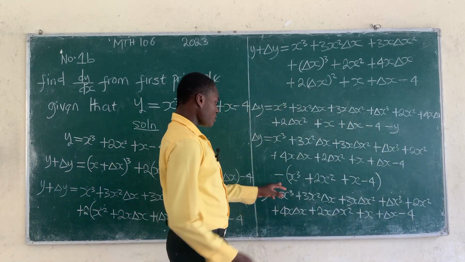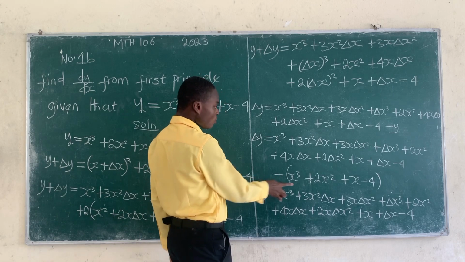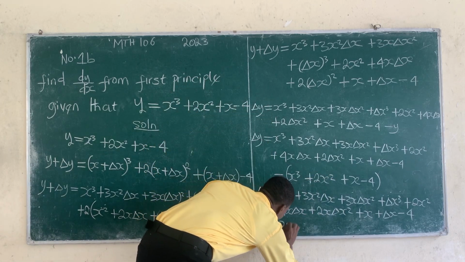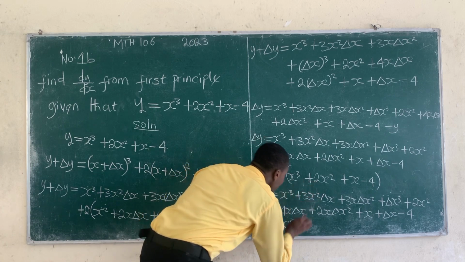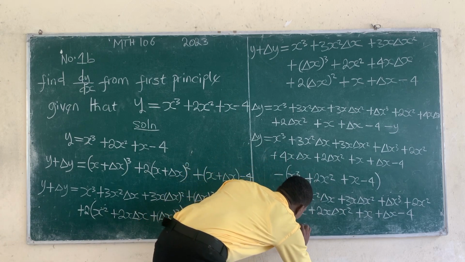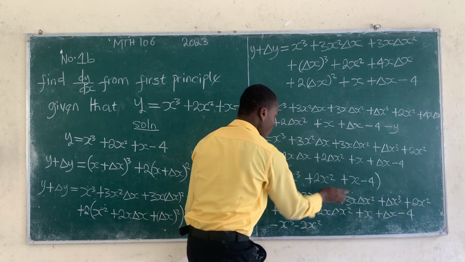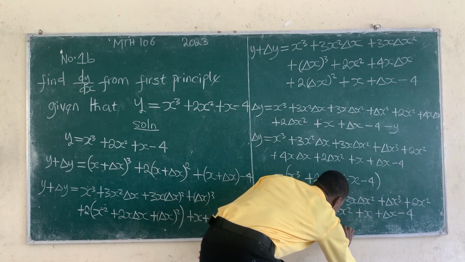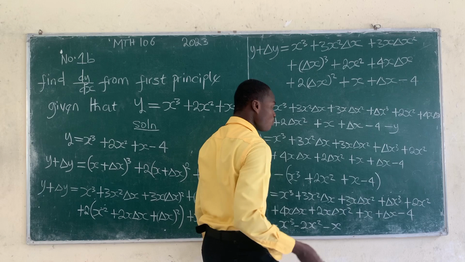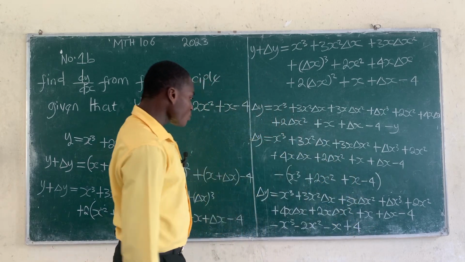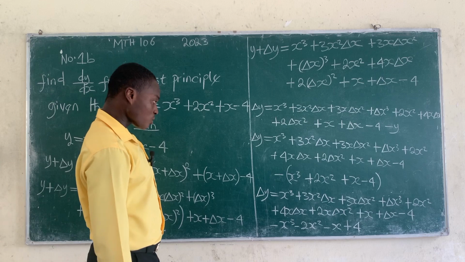Then what we have next is we are going to use this minus to open the bracket. So what we have here is minus x cubed, minus times plus minus 2x squared, minus times plus minus x, then minus times minus plus 4.